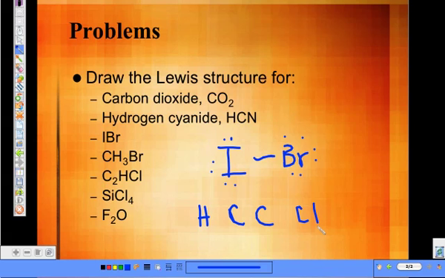Two carbons next to each other. Just fill in your dots.